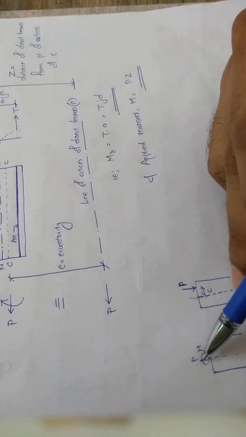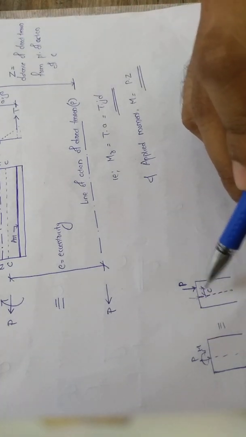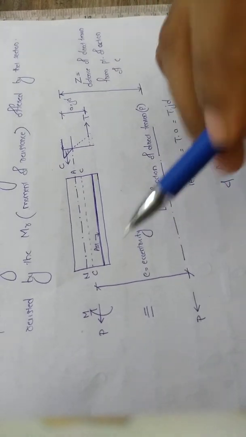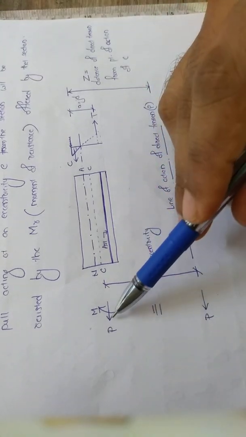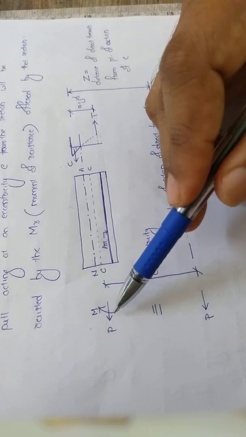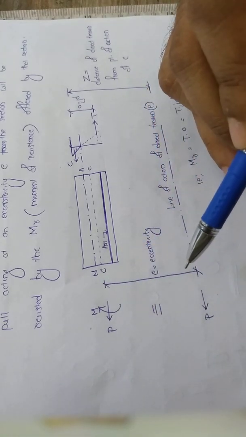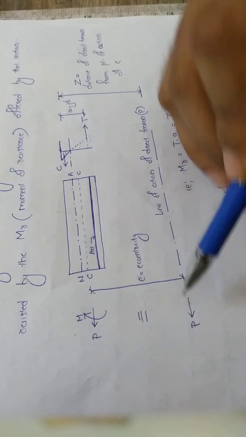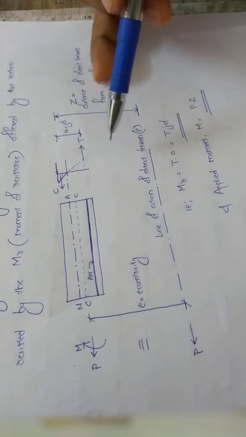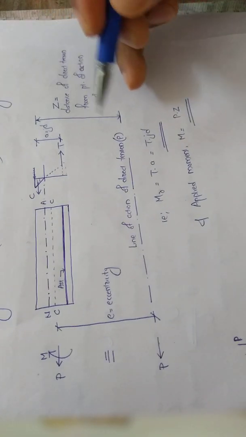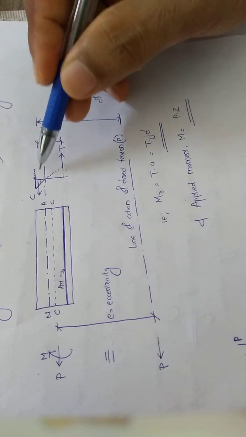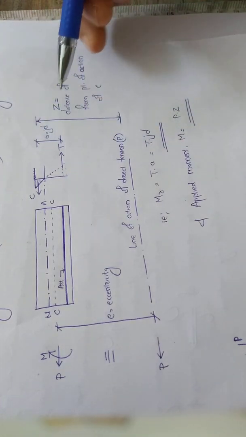So if you have a column with axial load and moment, this will be very much equivalent to a load acting at an eccentricity. So here in the case of a water tank, you have an axial pull, and you have a horizontal moment acting. This is very much similar to an axial pull acting at an eccentricity E from the center of the section. So the moment due to this tensile force should be equal to the moment of resistance of the section itself.